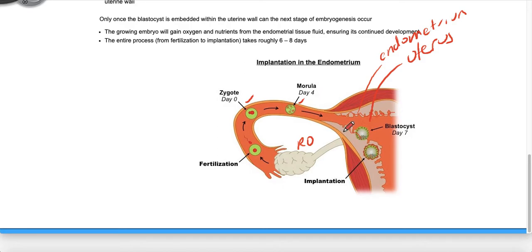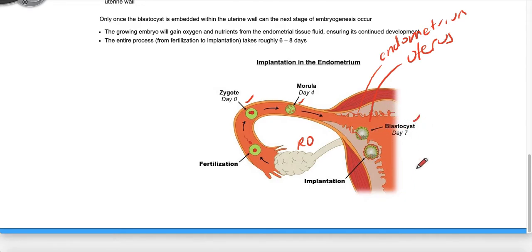And then from day 4 to about day 7 or 8, we start seeing the formation of the blastocyst, which is a structure that has an outline of cells and then an interior portion of cells. And then the interior is kind of hollow because eventually it's going to gastrulate, which means it's going to invaginate, and it's going to continue differentiation.